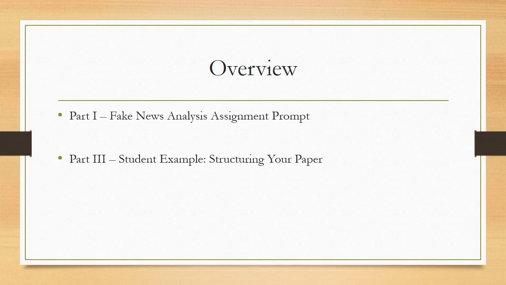Then we'll also look at a student sample paper, plugging in examples such as thesis statements, transition sentences, etc., so that when I'm talking about this type of sentence or this type of paragraph from the handout, you have a student example, which I've also assigned as required reading for this lesson, to see that type of thing illustrated well by the student.